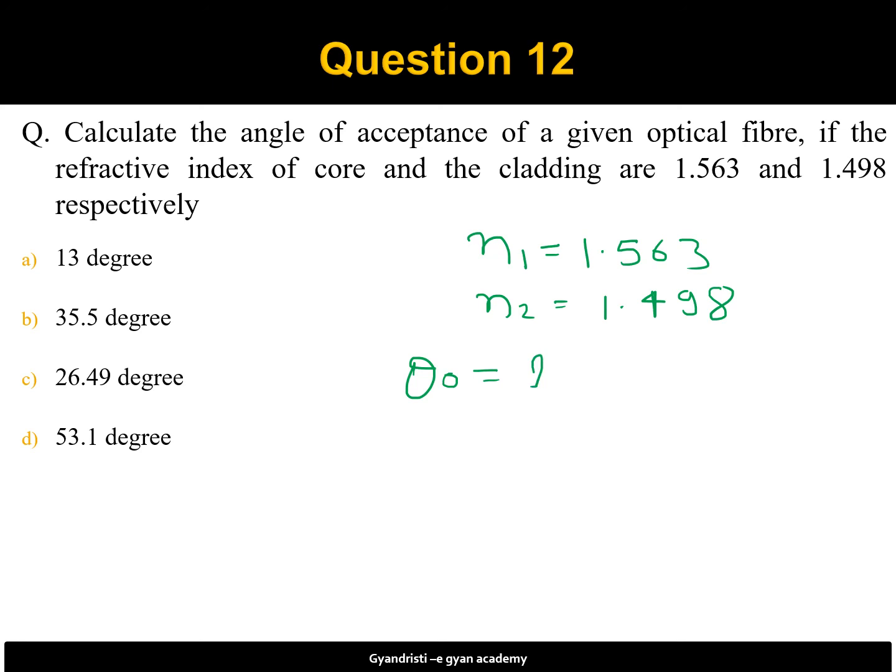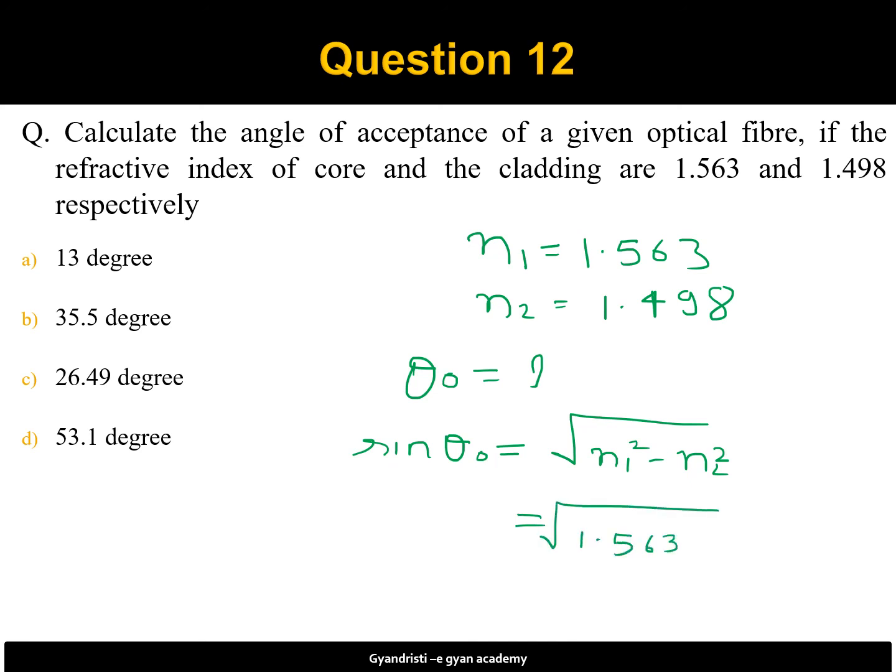So we know that the relation between acceptance angle and refractive index of core and cladding is sin theta 0 is equal to square root of n1 square minus n2 square. Now substitute the values and we will get square root of 1.563 whole square minus 1.498 whole square.